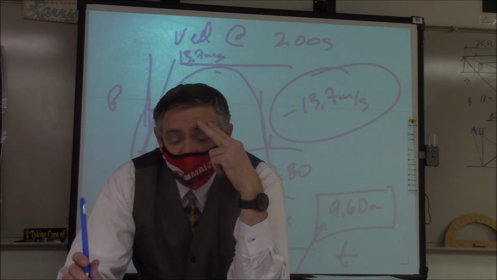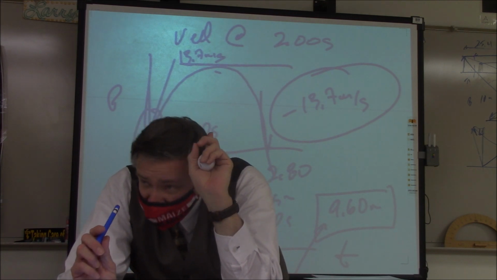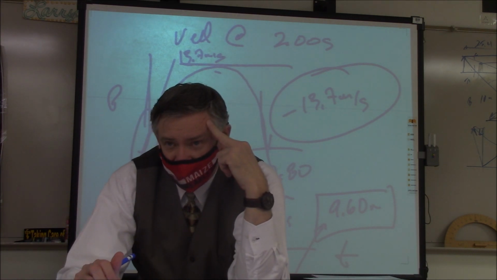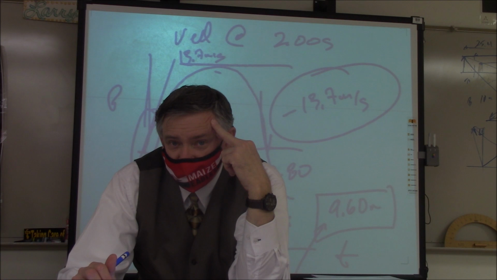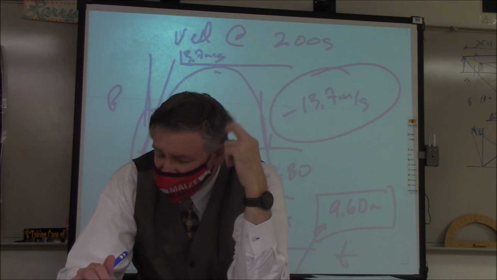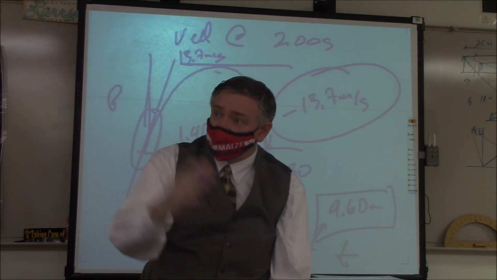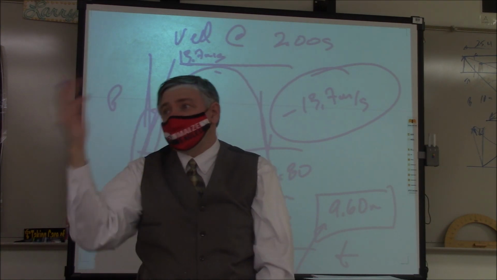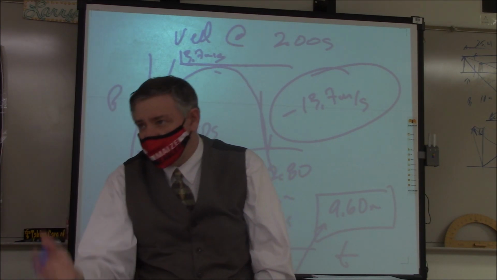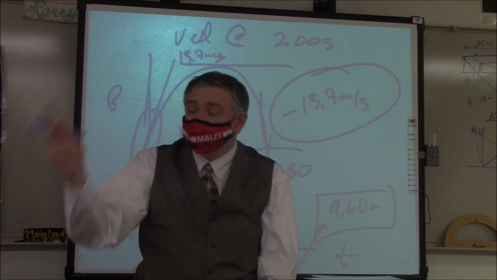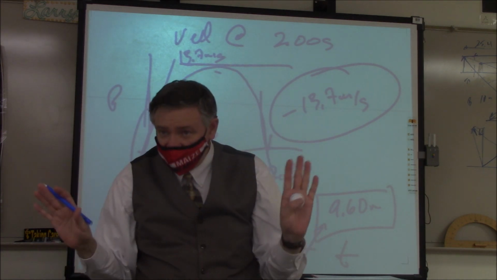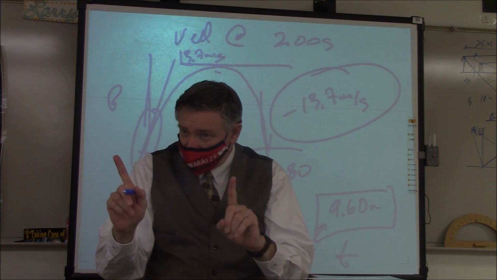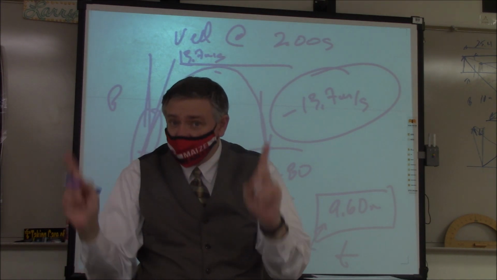Now, what's the speed of the ball when it lands? 13.7. Yes, because speed is just a scalar quantity. It launches at 13.7, it's going to land at 13.7. So the speed, which is just how fast it's going, is the same. The velocities are not.